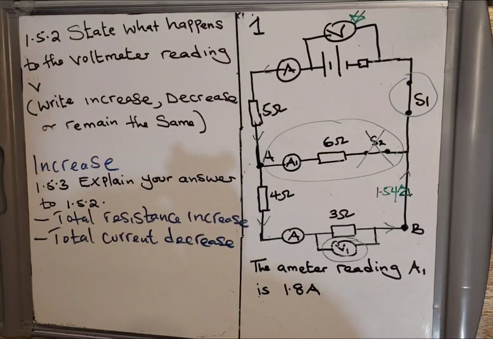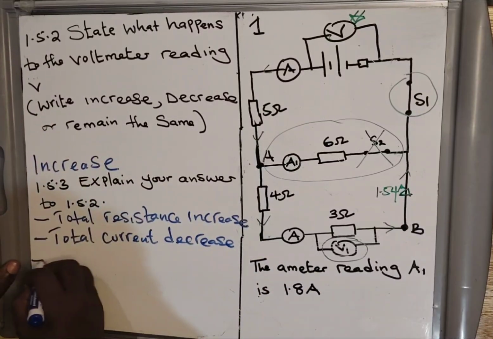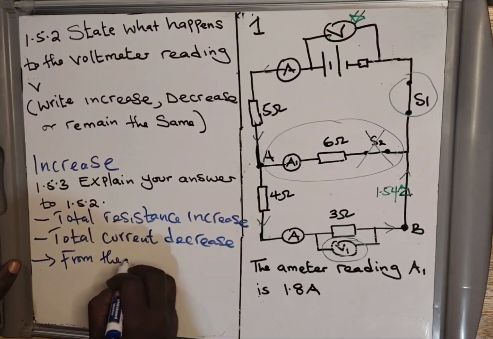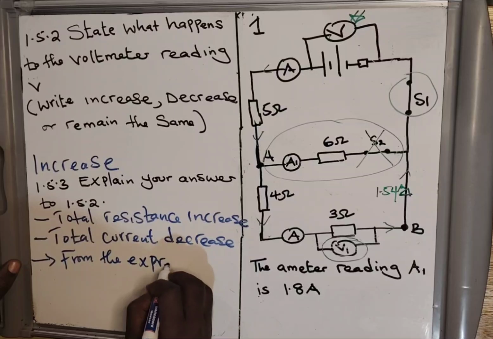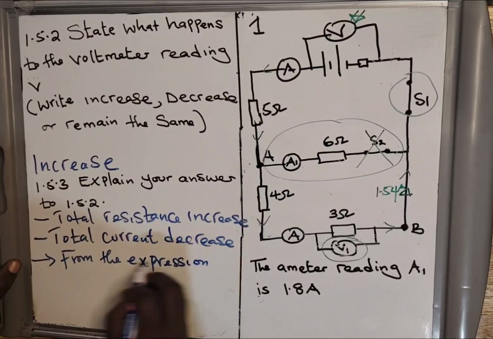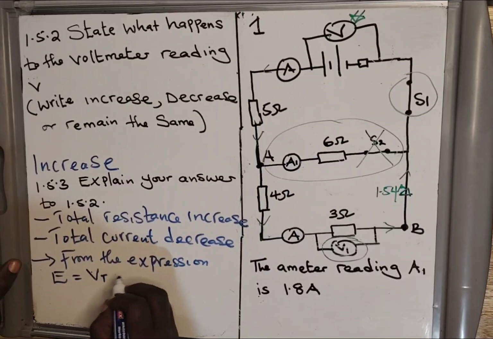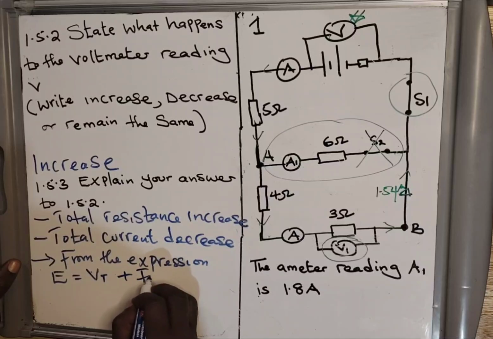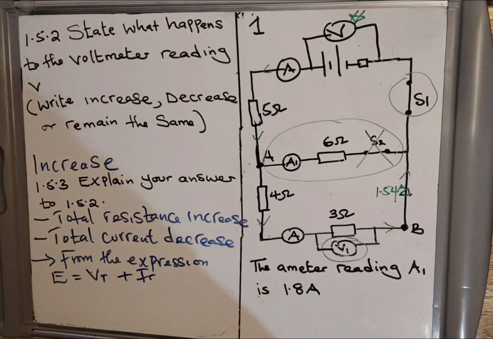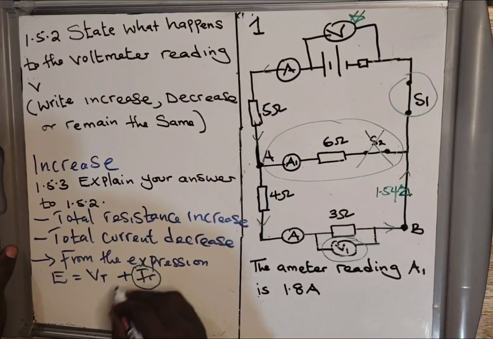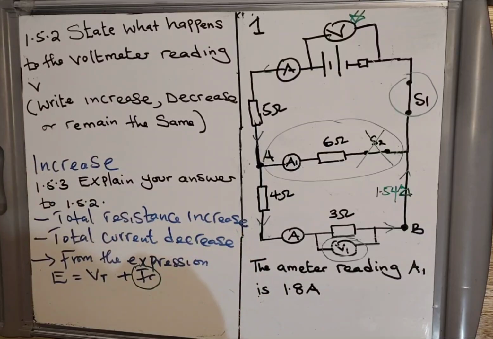After that, what happens? Then here you have to quote the general formula. You say that from the expression, what's the expression? E is equal to Vt, that's what we are looking for to find out how it will behave, equals to IR. From that expression, what do we see? Let us look at this factor and what is its relationship with the current.